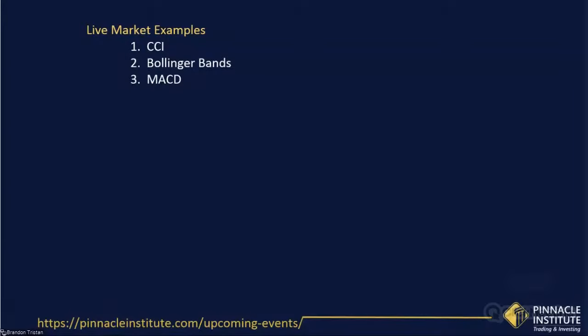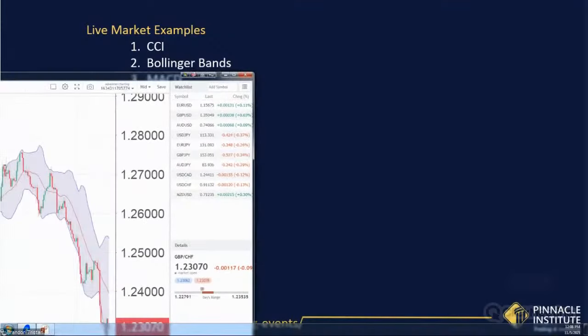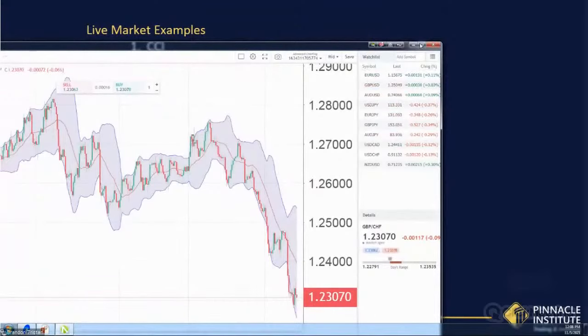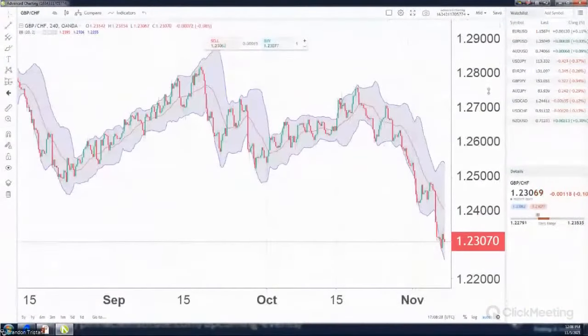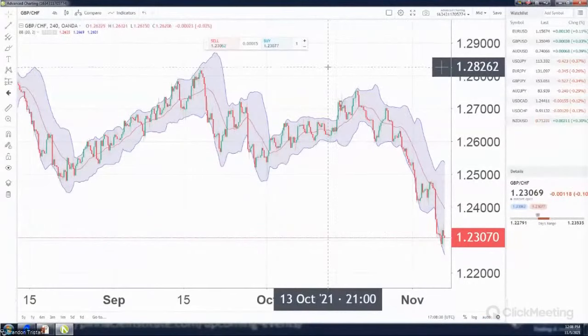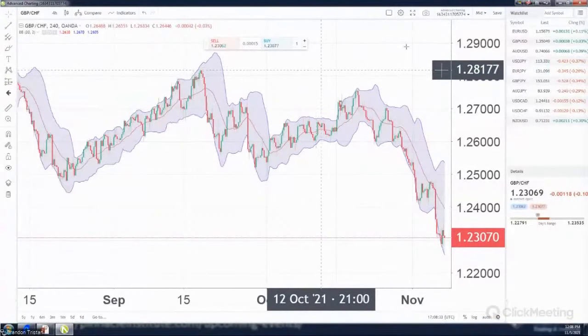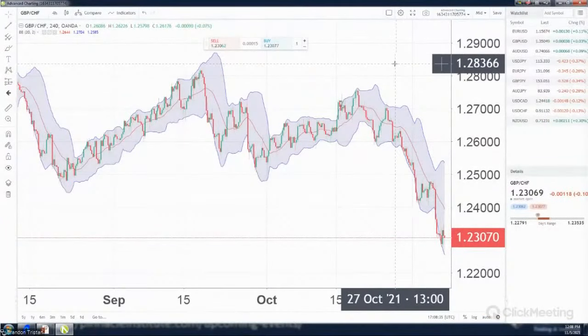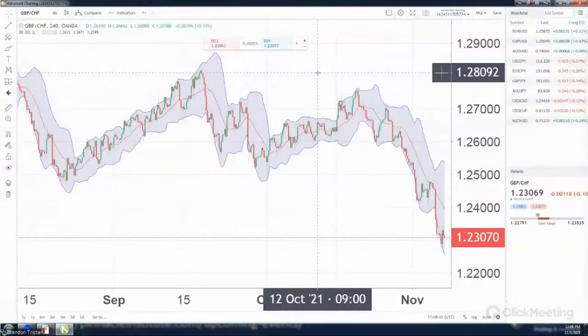All right, with that, let's take a look. We'll start with CCI here. You're going to see the pound Swiss here. Now, which time frame do you usually trade on? Just for an example, I could use 4 hour, daily, or even 2 minute, 3 minute, however y'all want to trade.